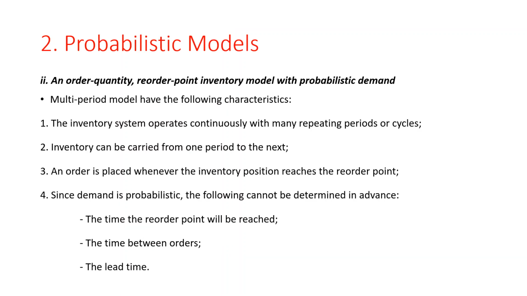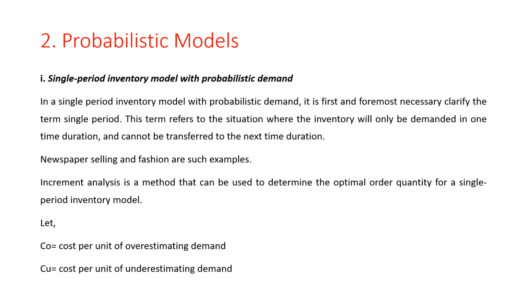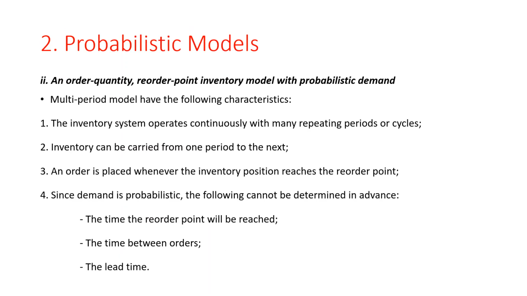The second type is an order quantity reorder point inventory model with probabilistic demand. Here the multi-period model has the following characteristics: the inventory system operates continuously with many repeated periods or cycles; inventory can be carried from one period to the next; an order is placed whenever the inventory position reaches the reorder point; and the demand is probabilistic.